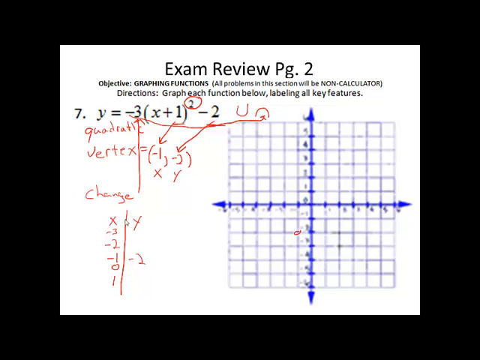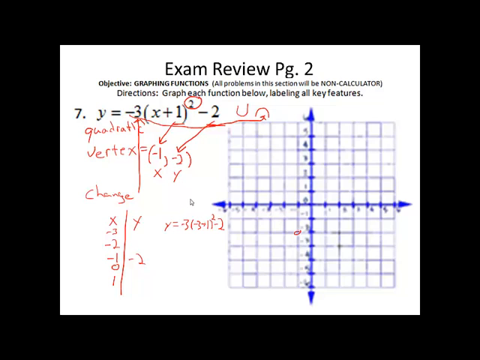So I take my x value and I plug it in for x right here. So I have y is equal to -3 times (-3 plus 1) squared minus 2. So -3 plus 1 is going to be -2. And when I take -2 squared, I'm going to say -2 times -2, which is equal to 4.